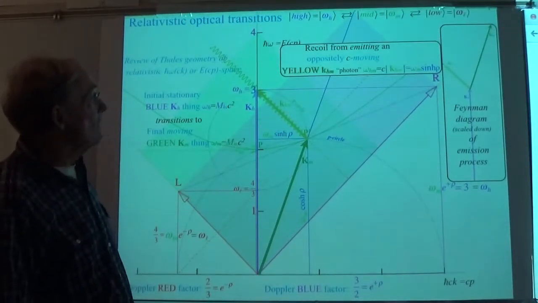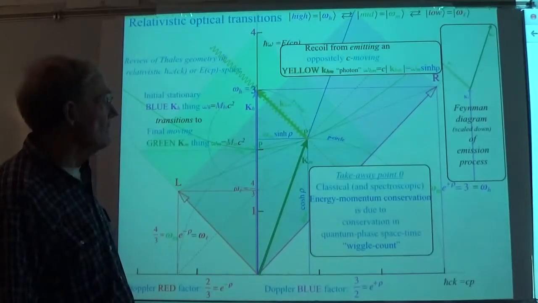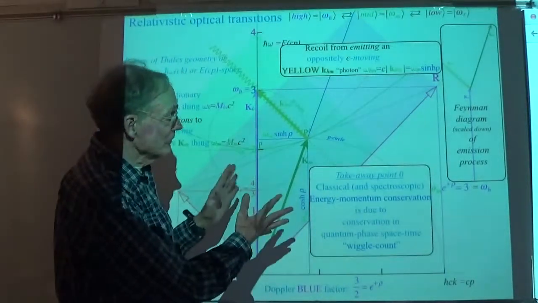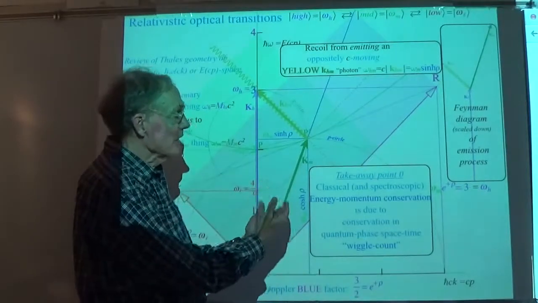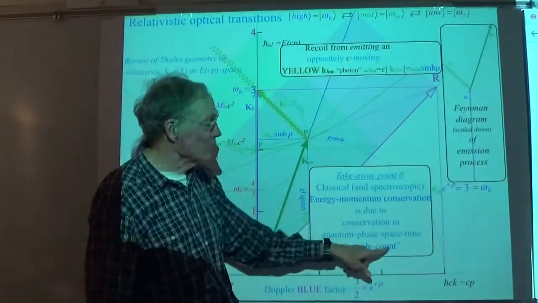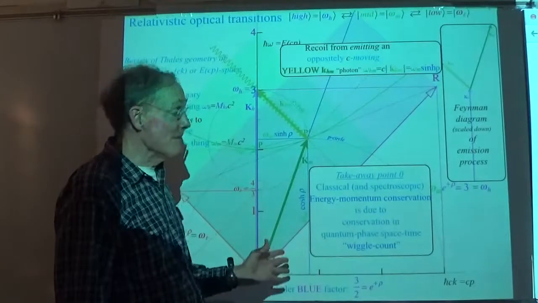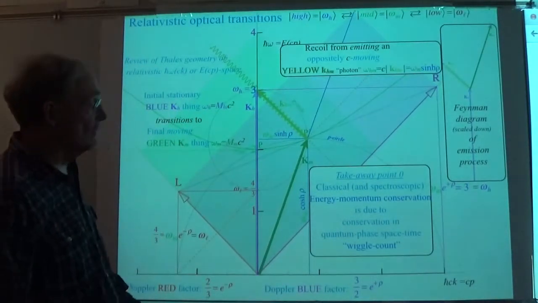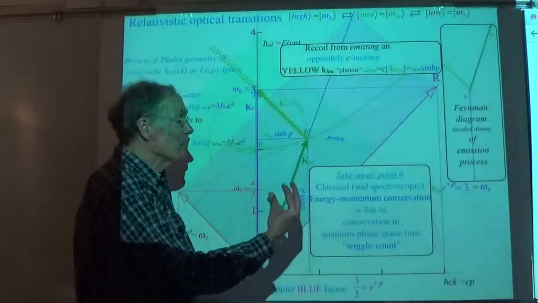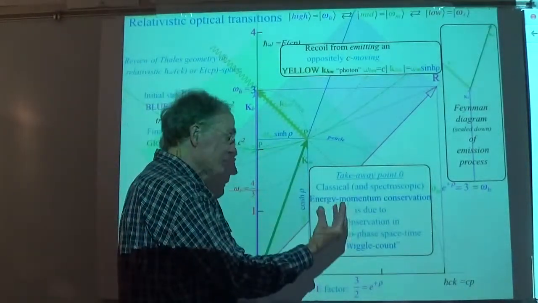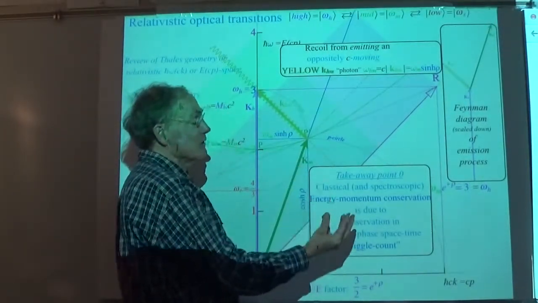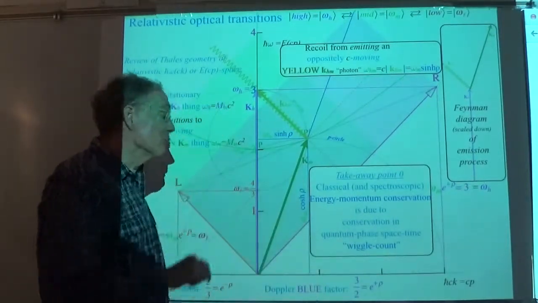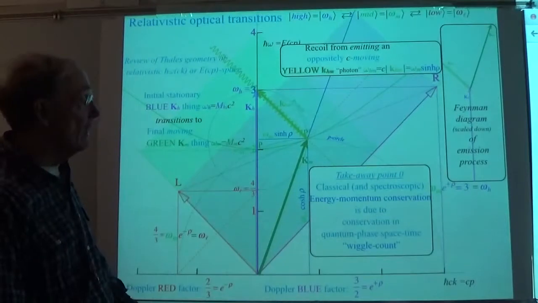Okay? So what you can do with this is notice that all we're doing here is using the symmetry of waves, and that is you do not change the wiggle count in space or time. That's really what it boils down to. So that was a classical postulate that you could not prove classically, but you can prove it, and you can show that within uncertainties it's right.